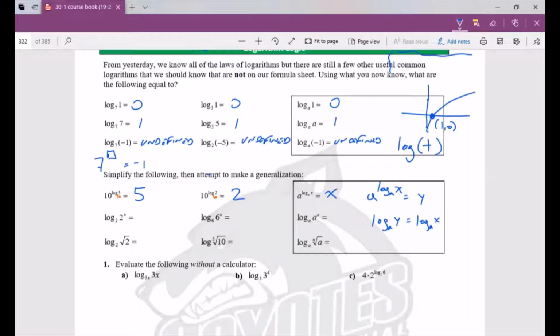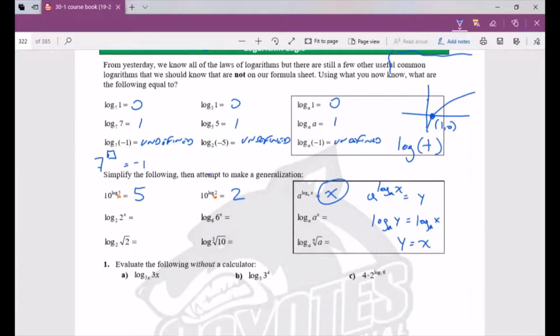On the right side, we have log x base a. So therefore, y is equal to x. So a to the exponent log x base a, as long as that base is the same, will be equal to the argument of the log.